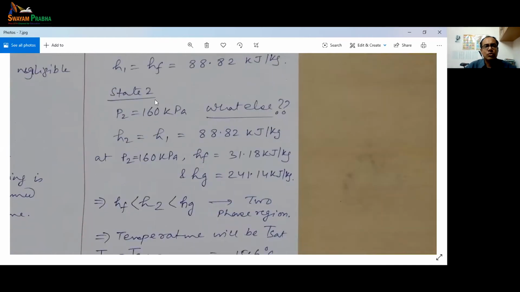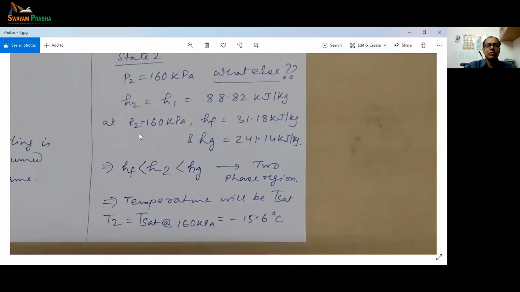Now for state 2, what is given is the pressure. P2 is 160 kPa. What else is given? Nothing else is given, but from the energy balance we know H2 and H1 are equal, right? So H2 equals H1, and H1 we know is 88.82 kilojoule per kg. So now we know two property values: pressure 160 kPa and H2, that is 88.82 kilojoule per kg.